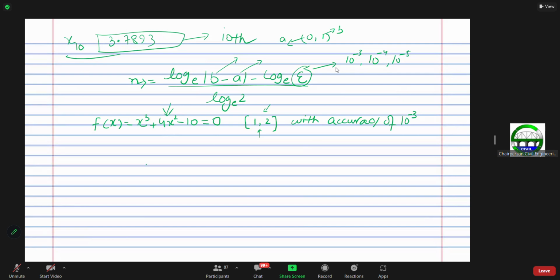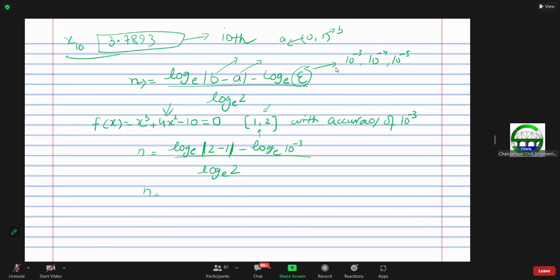So n is greater than or equal to log of the magnitude of 2 minus 1, minus log of 10 raised to power minus 3, divided by log of 2. Make sure this is the magnitude, inside it cannot be negative.